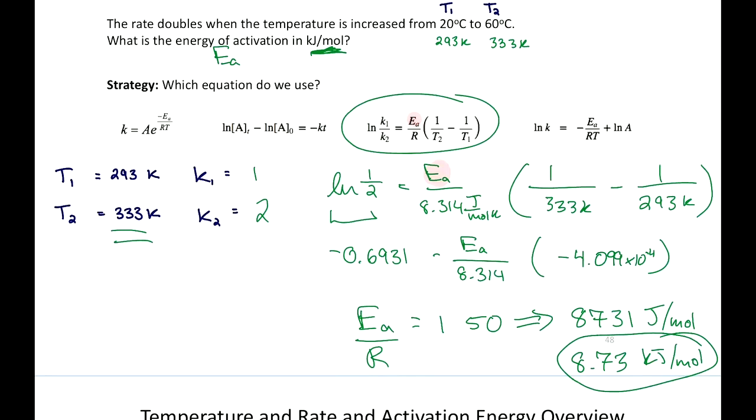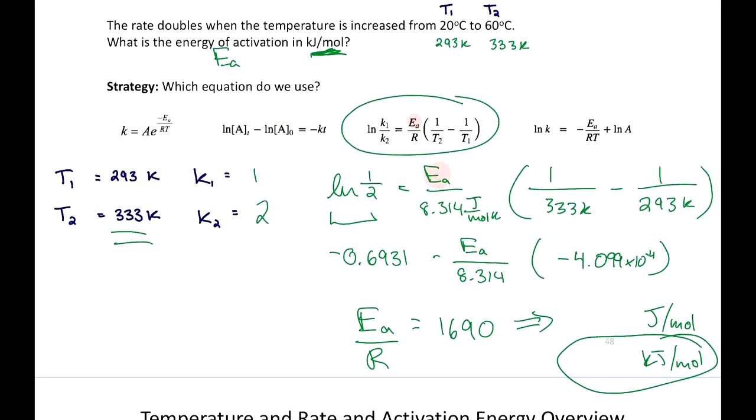Okay, that looks better? Yeah, great. Times R. There we go. I can make mistakes. 14.058. There we go. 14.1 kilojoules per mole. Yay. So sorry about that. Do check your math.